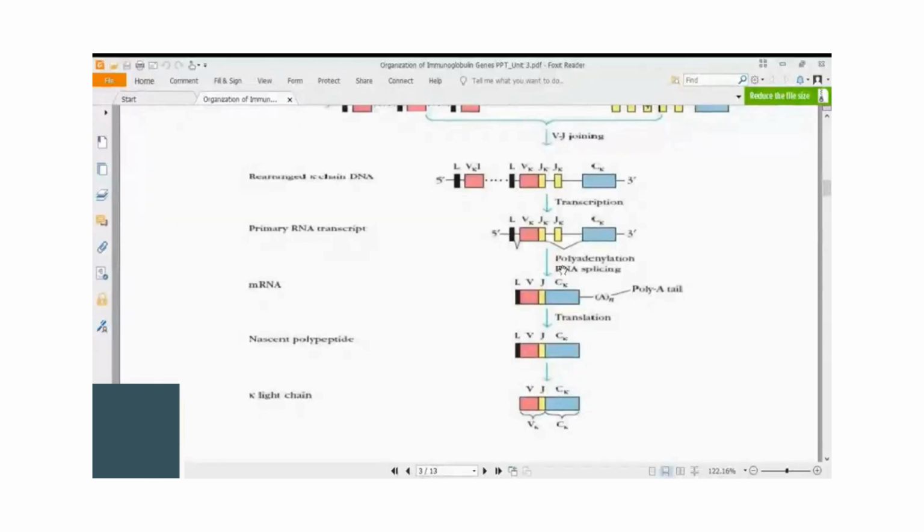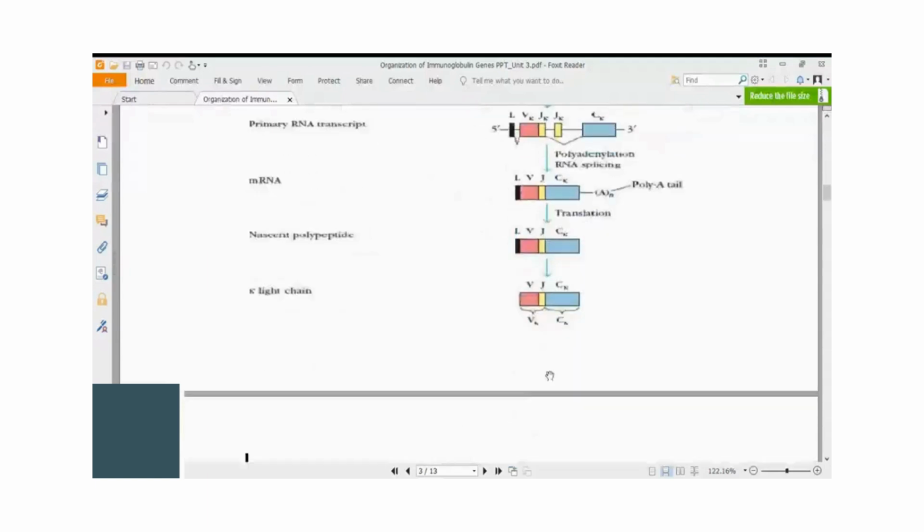Chromosome number 22 is for the lambda chain, chromosome number 2 is for the kappa chain. Each time the B lymphocyte is proliferating, undergoing mitosis, this gene rearrangement goes on to put the receptor on the surface of the B lymphocyte. So one product that I'm showing you here is the kappa light chain product which has been produced.